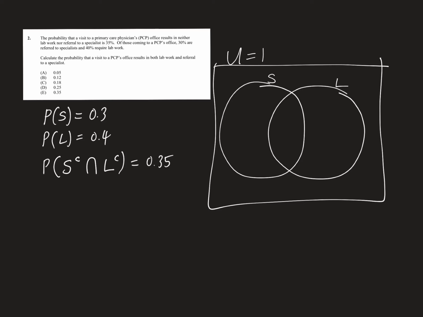S complement is simply the area that does not include S, and that would be this shaded region here. And whatever doesn't include L would be this blue area.